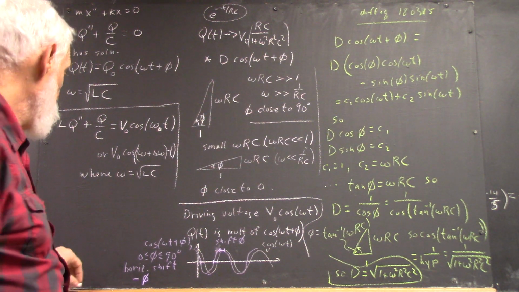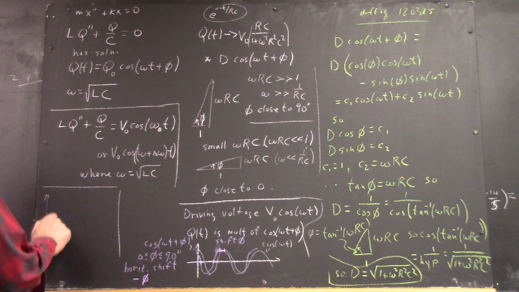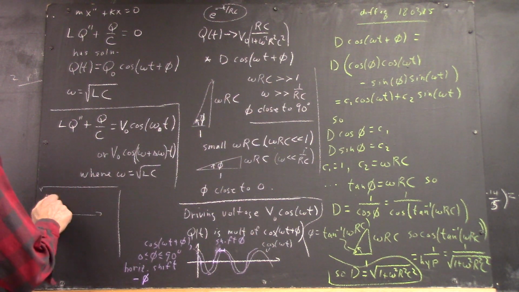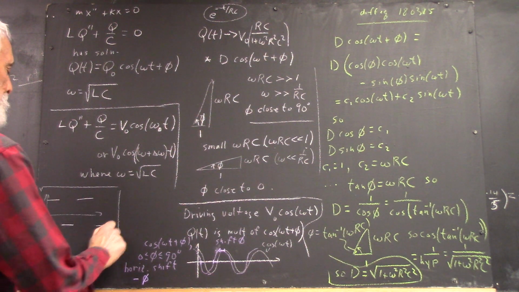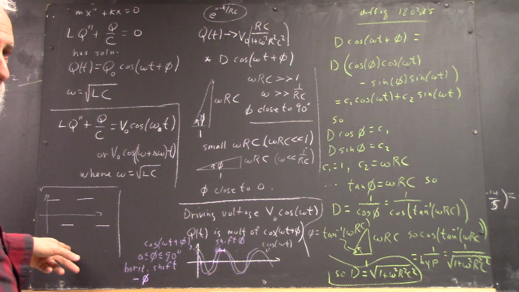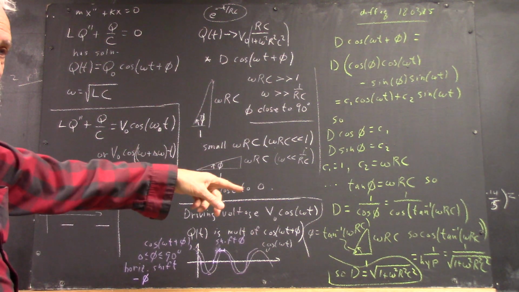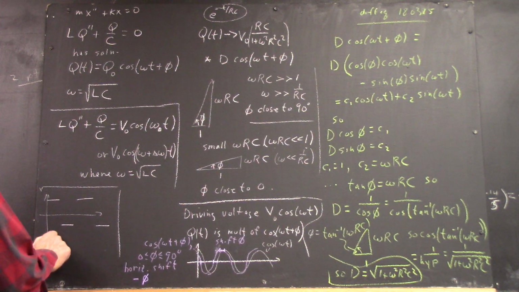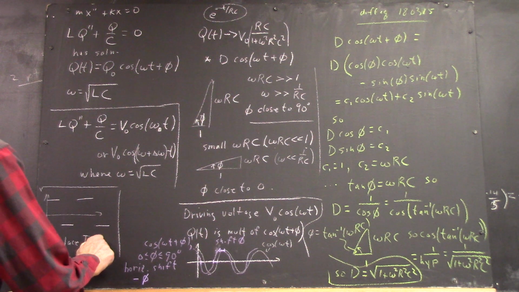The other thing that I'll mention is if you're driving this thing with a voltage that looks like this, like we looked at in physics yesterday, you can't do it with the methods we have here. In this case, you have to use Laplace transforms.